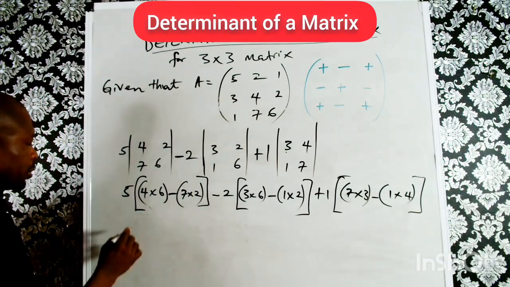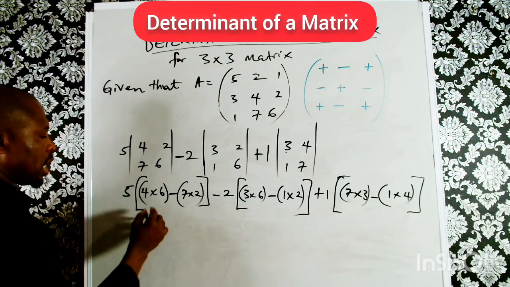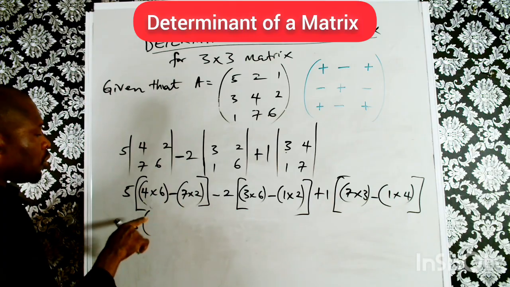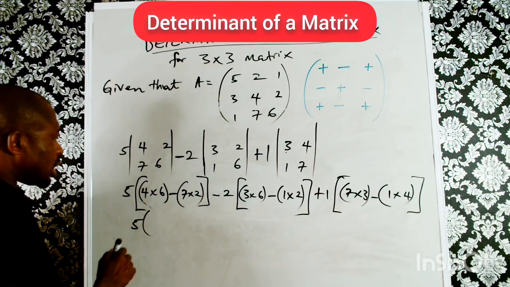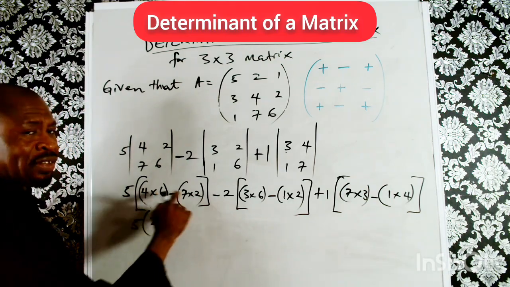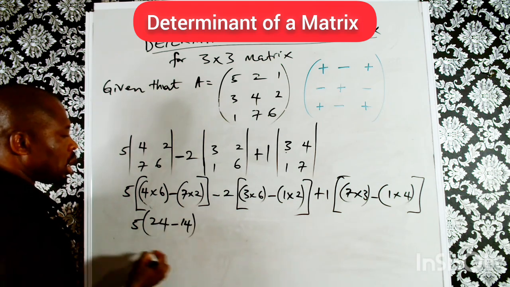Now, what do we have here? We have 5, open another bracket, 4 times 6, and of course, 4 times 6 is 24. We can say 24 minus 7 times 2, and 7 times 2 is 14.